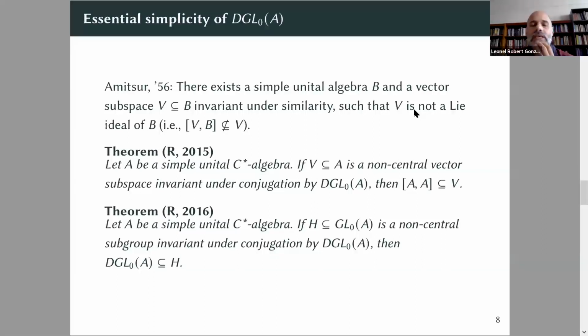If I have a simple unital C*-algebra, and a vector subspace that is invariant under conjugation, and in fact, for my applications, invariant under conjugation by invertibles in the commutator subgroup, which is a small technical thing, then it is either contained in the center, which certainly any subspace of the center is invariant under conjugation and is a Lie ideal, or at the other extreme, it contains the linear span of the commutators.